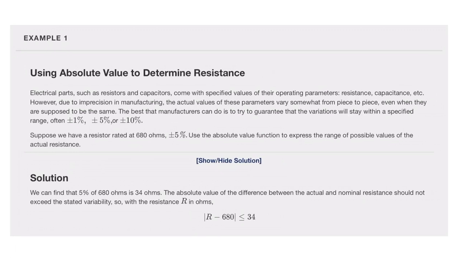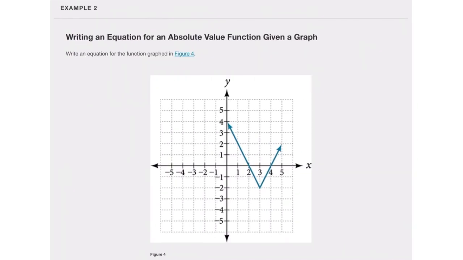Okay, let's just try another one. Write an equation for the function graph. We can use transformations from college algebra to graph this. If we let our parent function be the absolute value of x, you can kind of track the vertex.